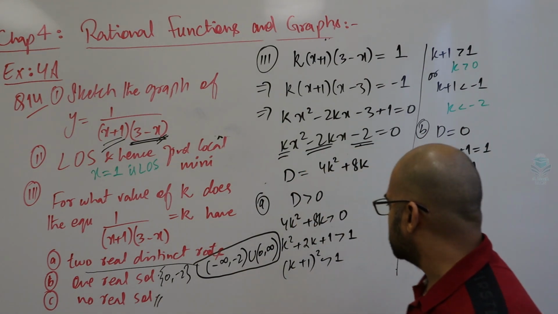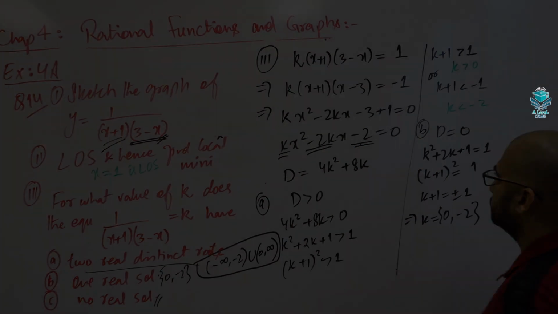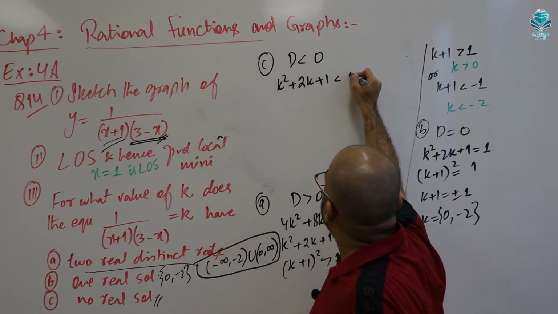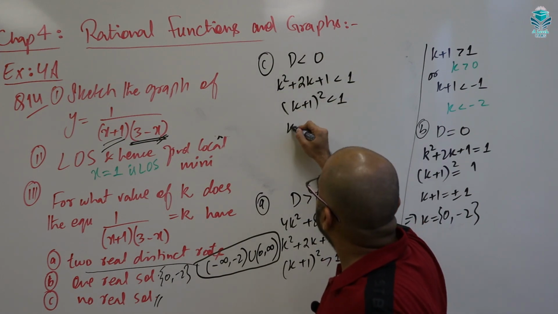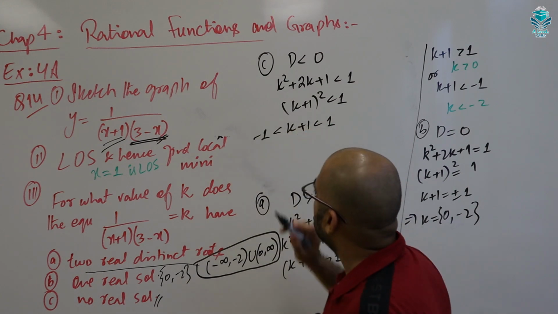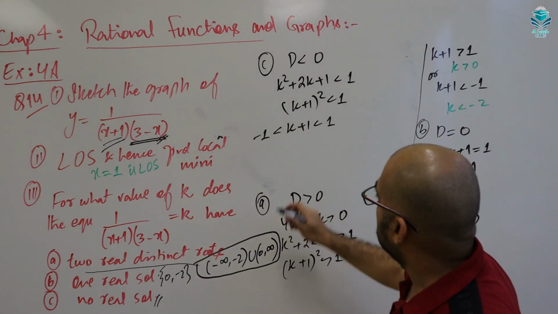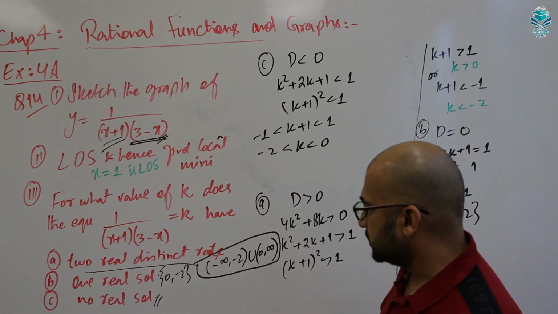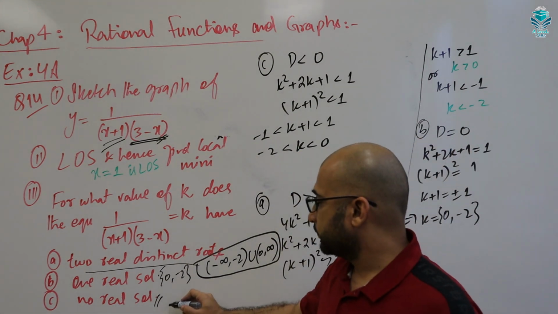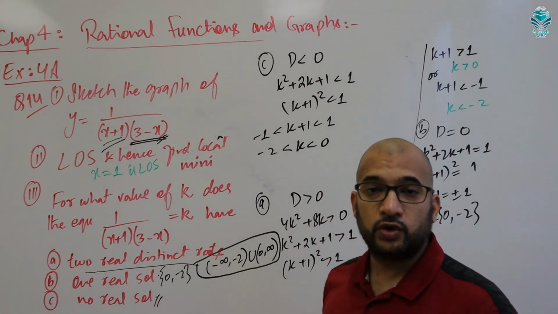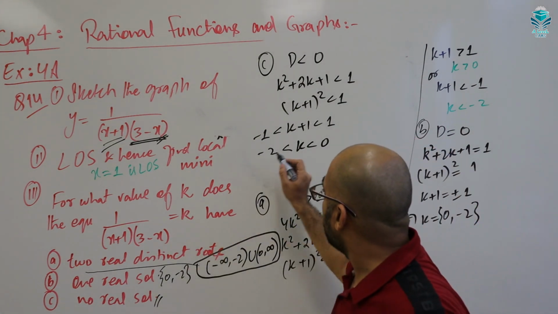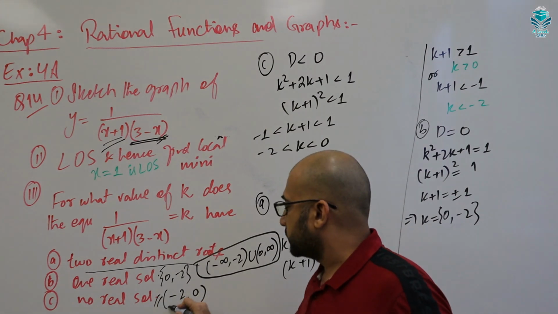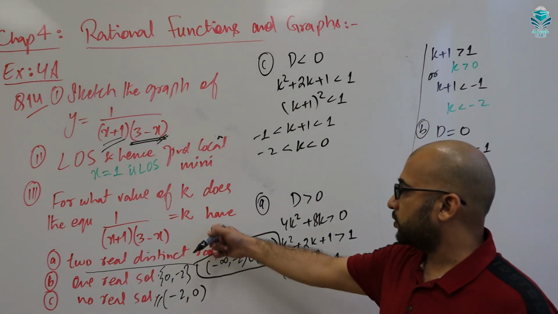When no real root exists, the discriminant will be negative. So the discriminant will be negative, and we can write this. So students, k between -2 and 0 means non-real roots, which means no y-intercept exists for this condition. So for -2 to 0, no real solution for this equation exists.